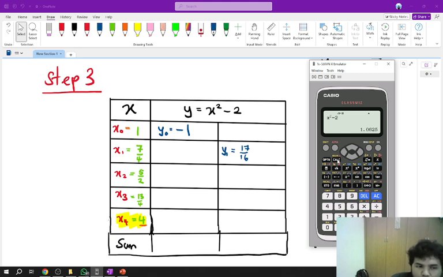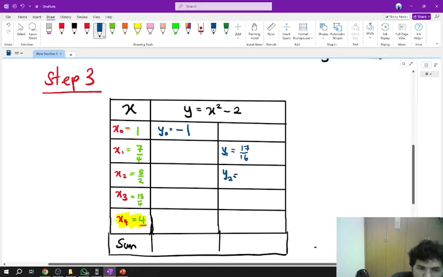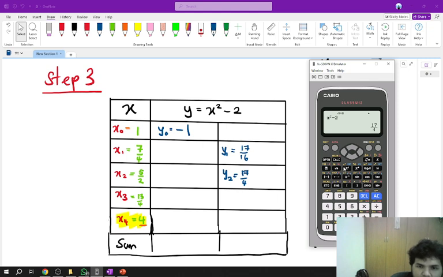Now we continue with x2. We insert the value of x2 to get y2. Again calculate, 5 over 2, equal, confirm. So we have 17 over 4. So y2 is 17 over 4. Continue again. Calculate 13 over 4 for y3.